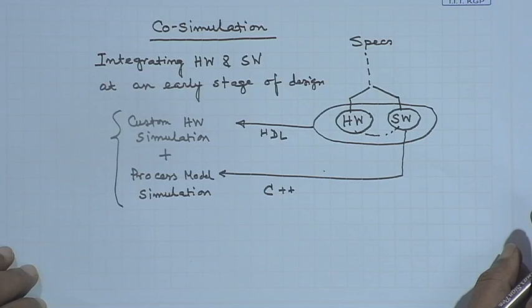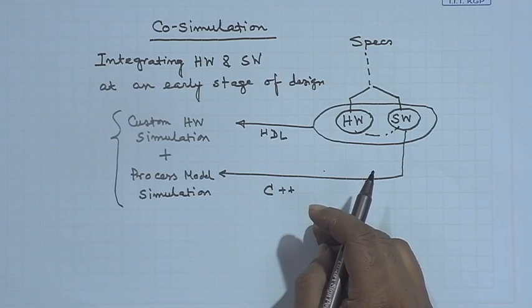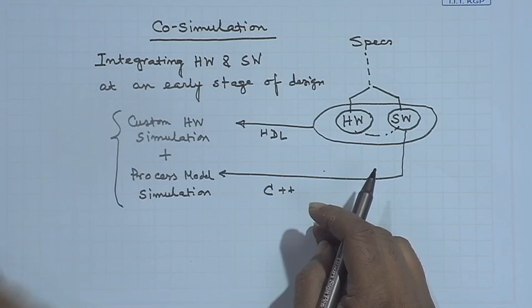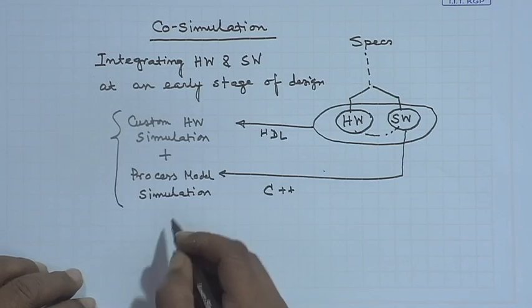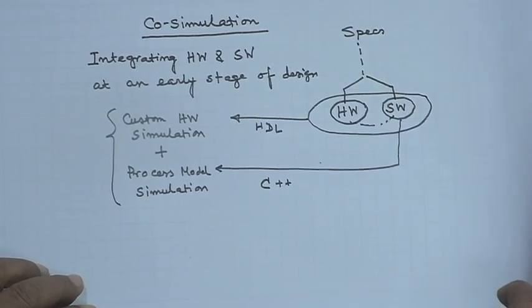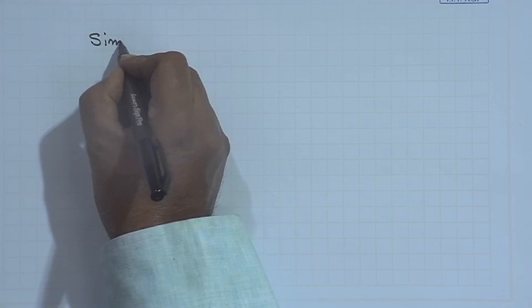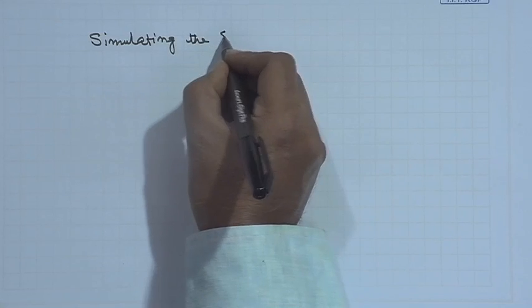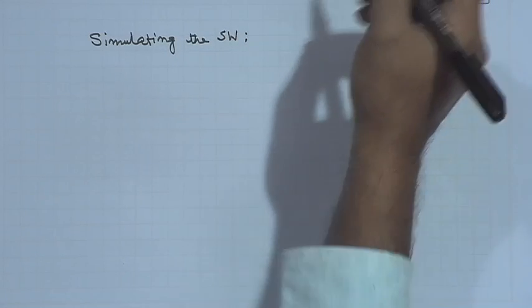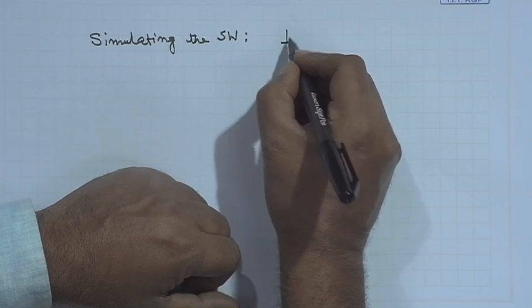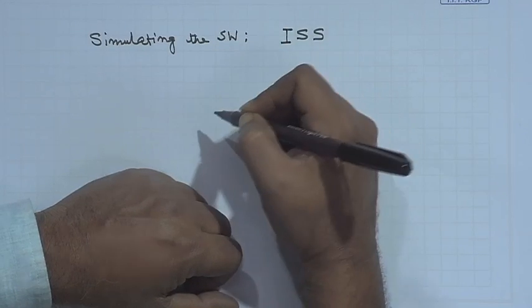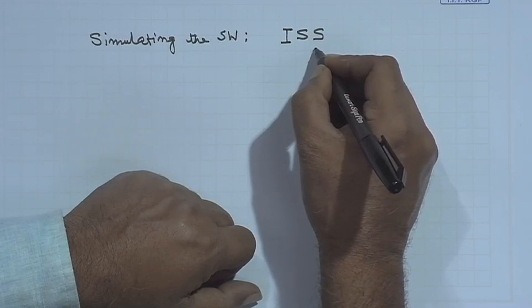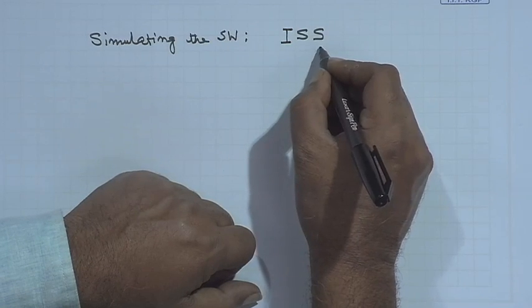Now, for the software, we actually need the instruction set. So, for simulating the software, typically we take ISS, which is instruction set simulator.